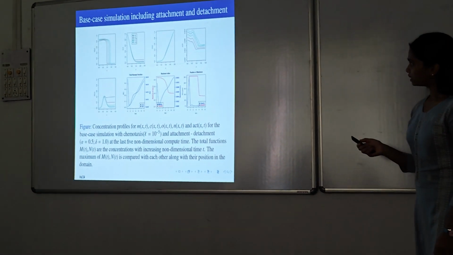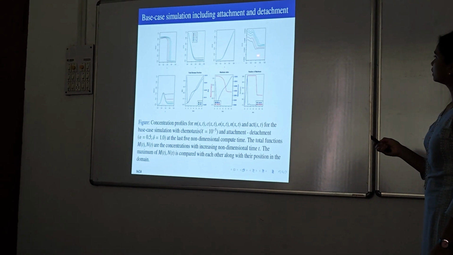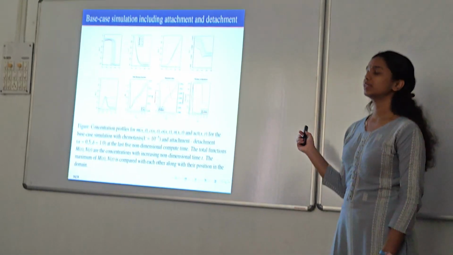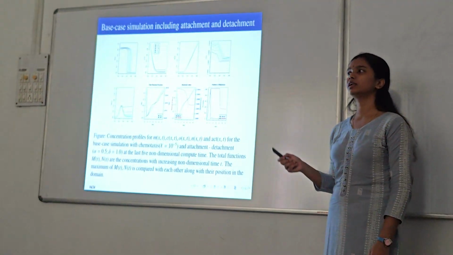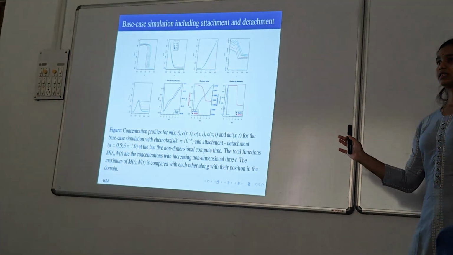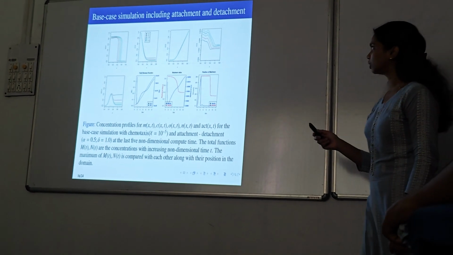So next, if you focus on this part, I can show you the difference here. This system has chemotaxis, attachment, and detachment. So this is an entire system but without the substrate uptake by the planktonic bacteria.